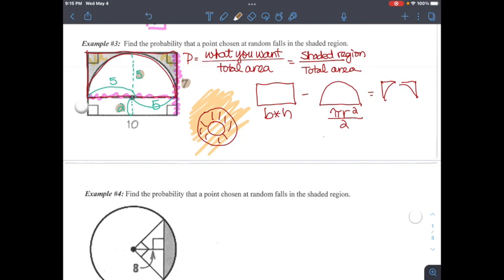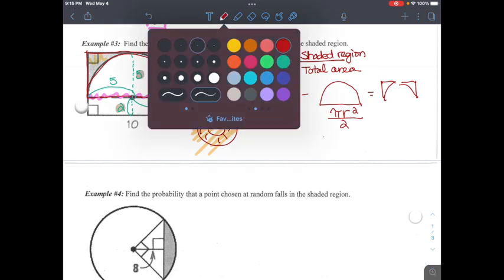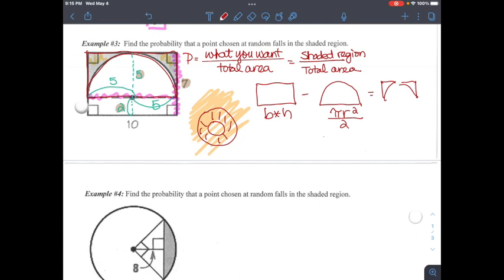All right, so moving on to the pieces. Your rectangle is going to be 5 times 10, which gives me 50, minus the circle. By looking at that circle, r is 5, so that's pi times 5 squared over 2.